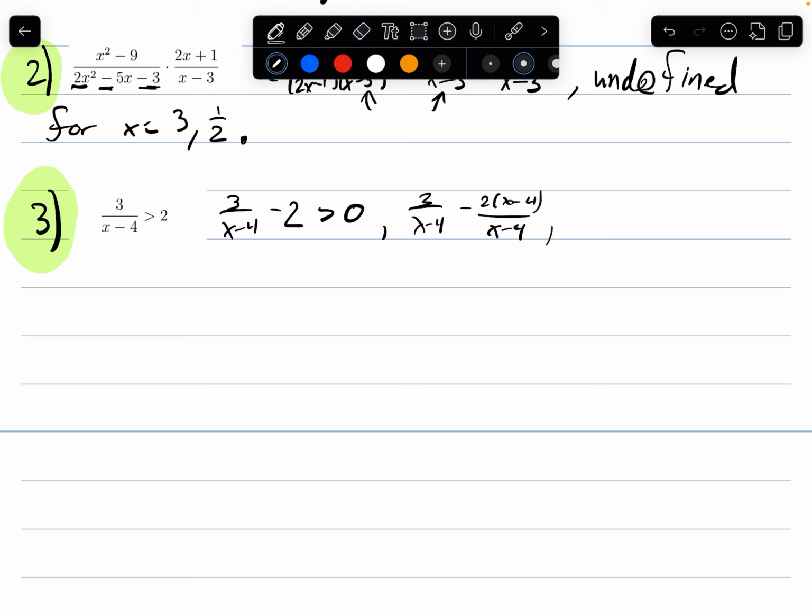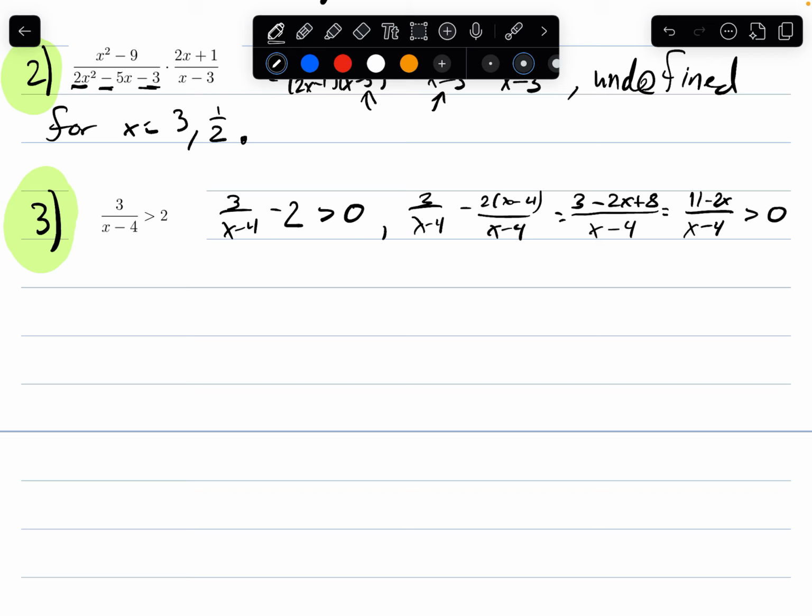Simplify some more, we'll get 3 minus 2x plus 8 over x minus 4. This has to be greater than 0, but we can simplify one more time, and we'll get 11 minus 2x over x minus 4. This is greater than 0.